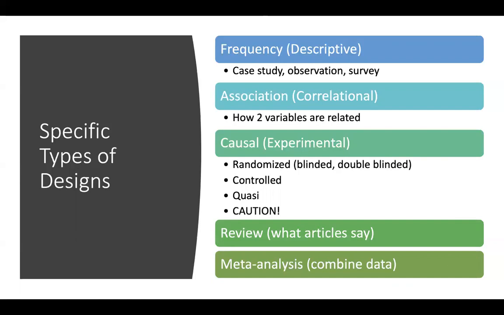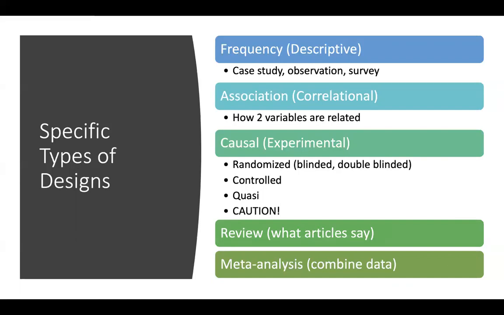Generally, a survey is a frequency study unless you're trying to correlate one variable with another variable, in which case that's an association study. So if you do a survey on how many people are depressed or how many people love eating broccoli, either one of those are descriptive observations, frequency studies in a group, a sample, a population, all right?